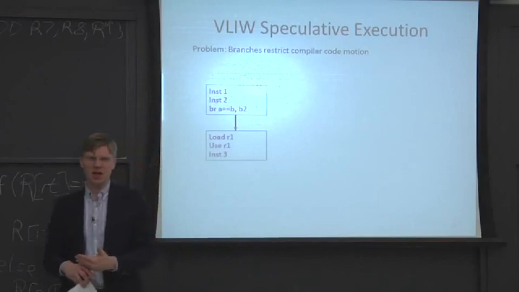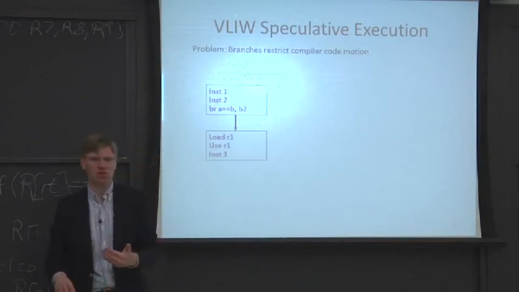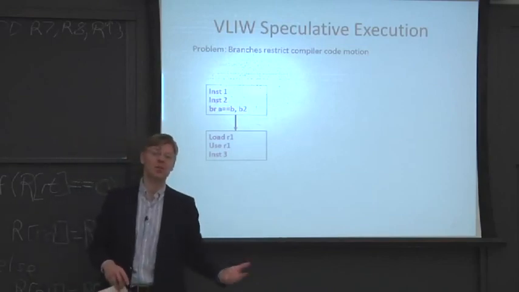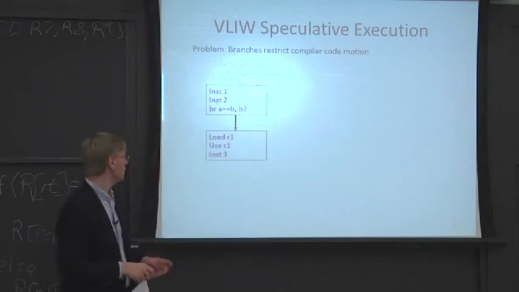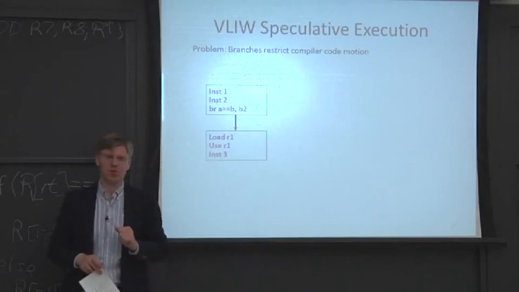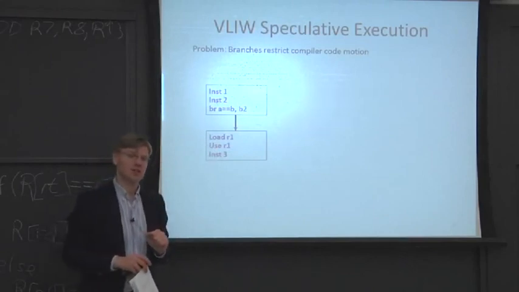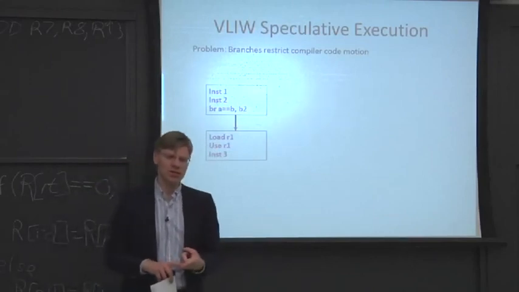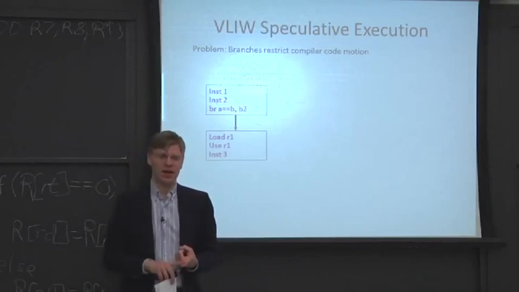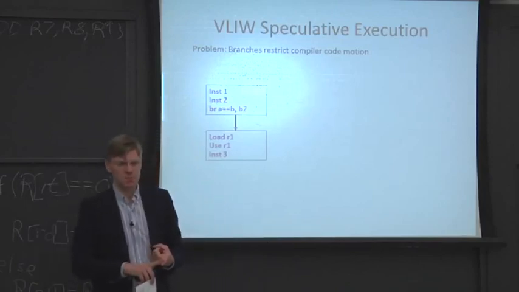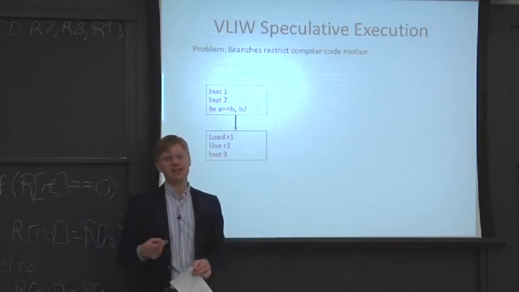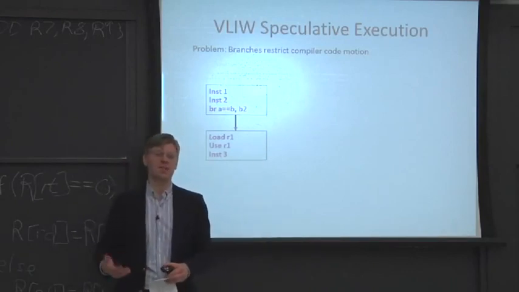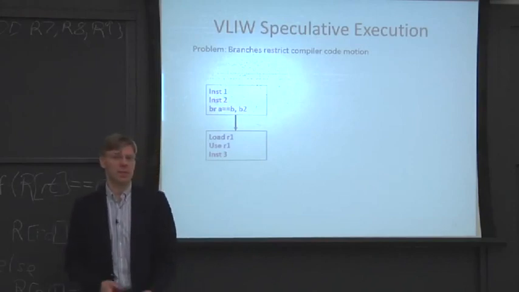How about an instruction which can take a fault or take an interrupt? Loads are a good example of one of those sorts of instructions. How is that possible? Well, a load can take a page miss or a page fault. It can try to access some value which is not mapped in by the operating system.